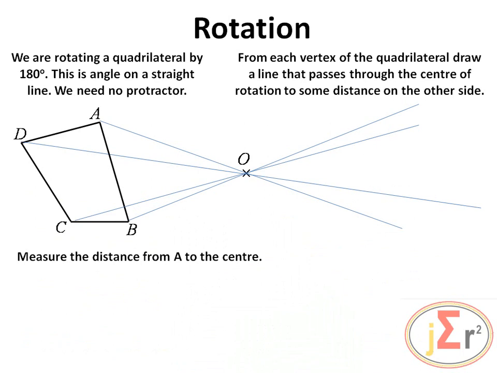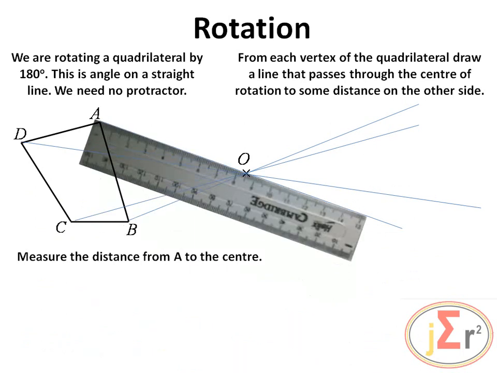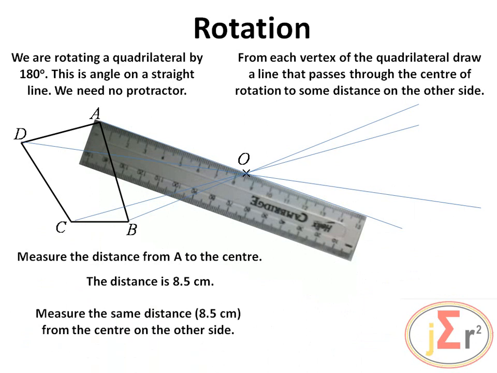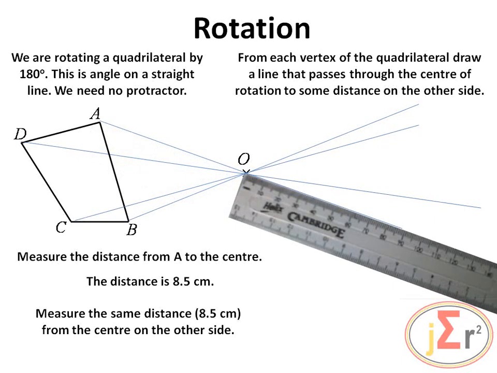Measure the distance from A to the center. That's 8.5 centimeters. Measure the same distance, 8.5 centimeters, from the center on the other side. And of course, there we will have the position of A prime, which is the image of A. Notice that this rotation by 180 degrees turns out to be very simple, because 180 degrees is an angle on a straight line.